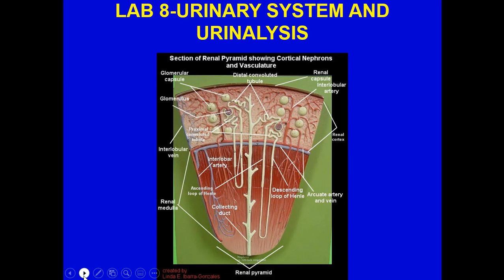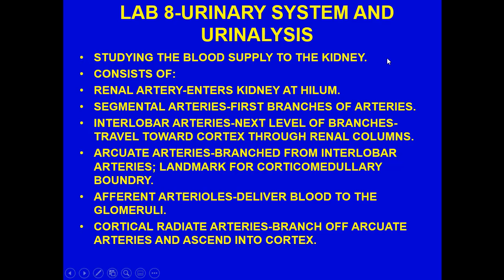Okay? Now, when we study the blood supply to the kidney, it consists of the renal artery, which enters the kidney at the hilum. It then branches into segmental arteries, then interlobular arteries. These branches travel toward the cortex through the renal columns.